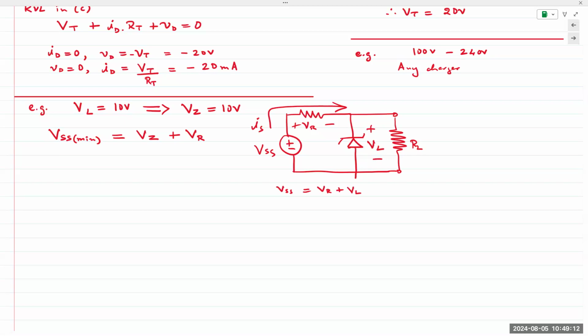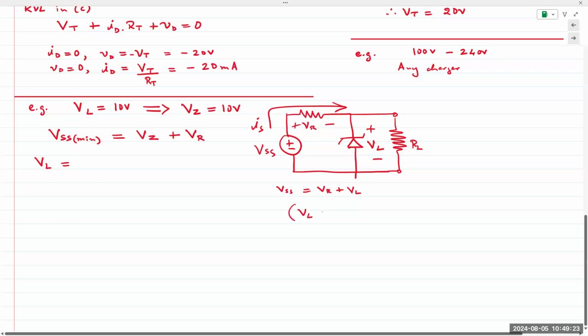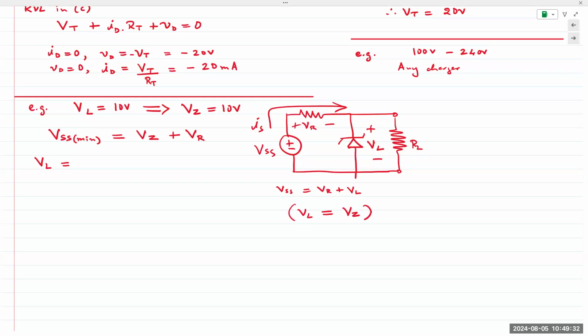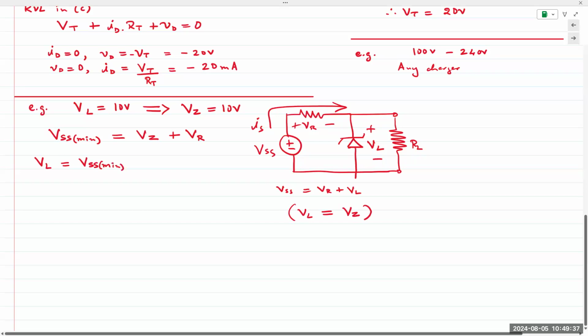So we can find that voltage by applying voltage division. Again, I'll point out VL is equal to VZ. So if you use VZ, it's the same. If you use VL, it's the same. So VL in this case would be your VSS minimum value times your load resistance divided by R plus RL.